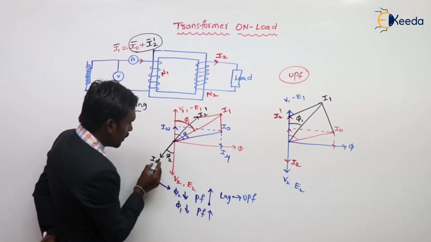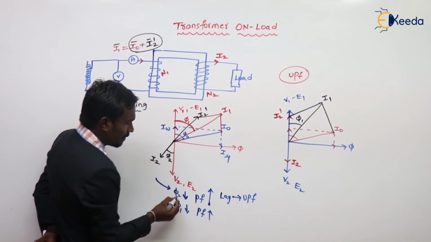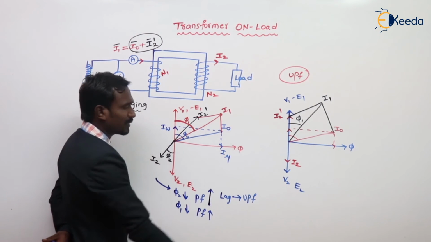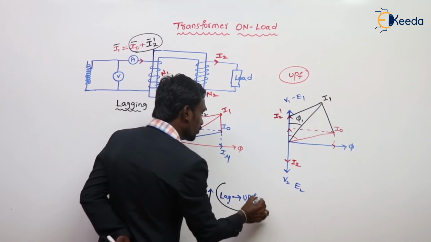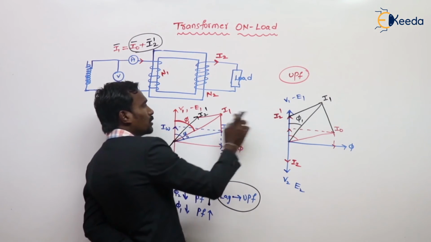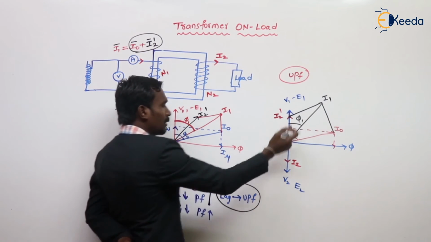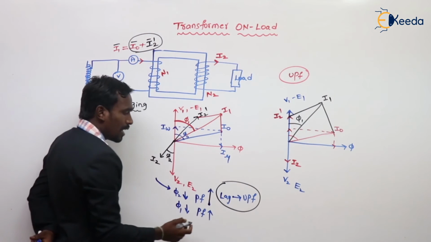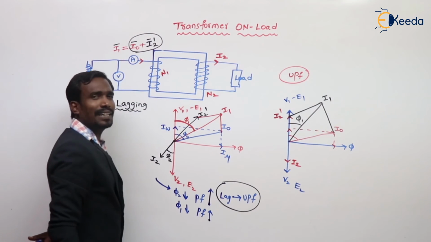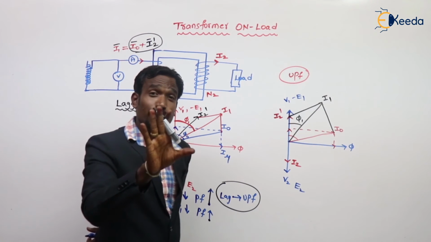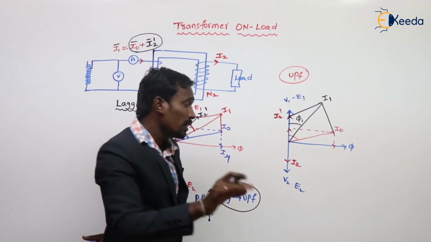See here, when the vector is like this, phi 2 decreases, so the power factor increases from lagging to unity power factor. As usual, phi 1 also decreases, then the power factor increases, but not to unity.